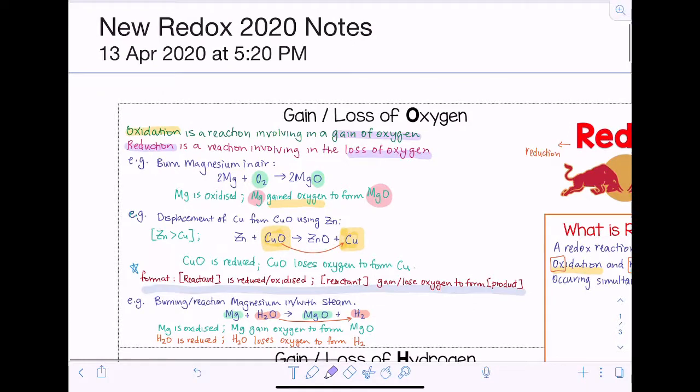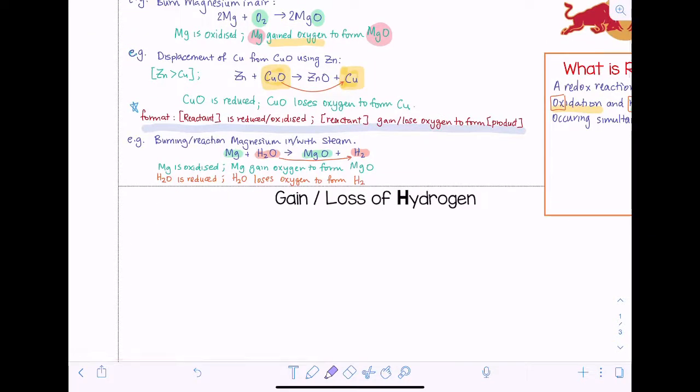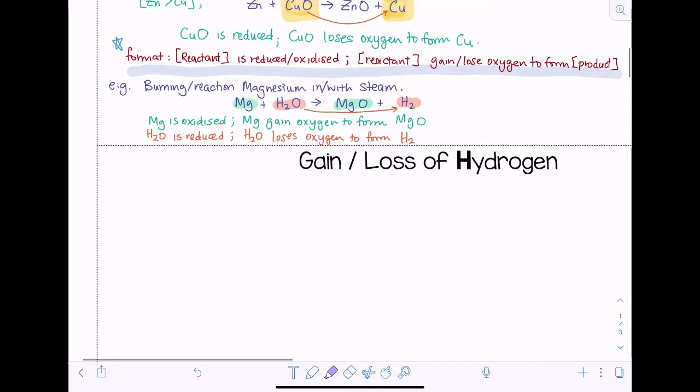Next up will be another area where we distinguish oxidation and reduction using hydrogen. With this said, let's take a look at examples that will justify this case.